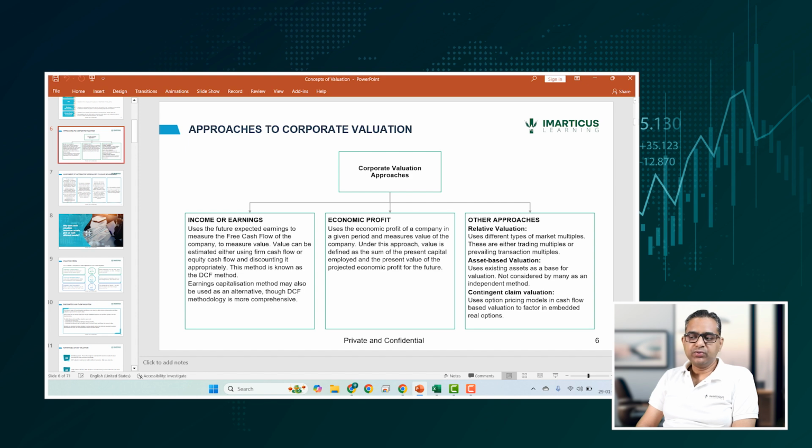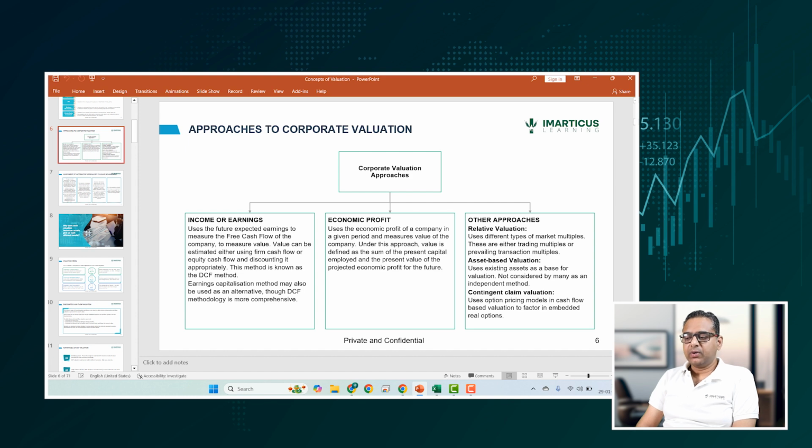Transaction multiples are used in those cases where we have the actual transaction data available. For example, let's say we want to buy a particular flat in a society.